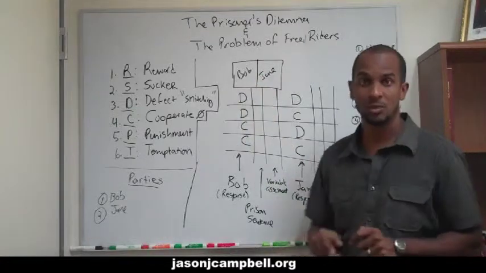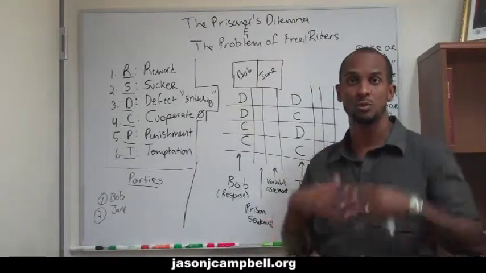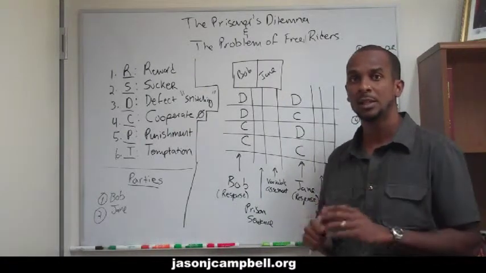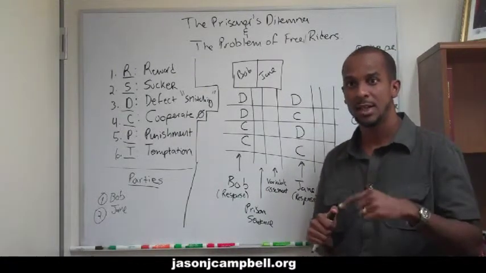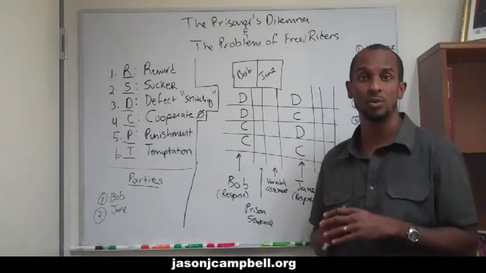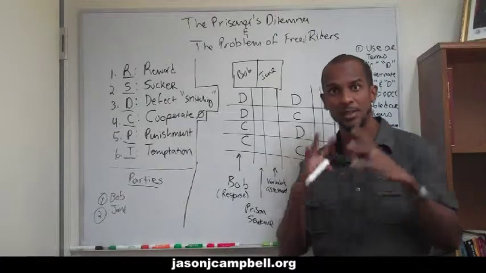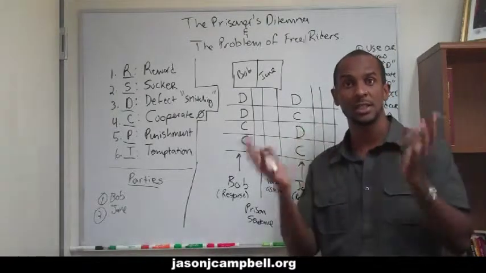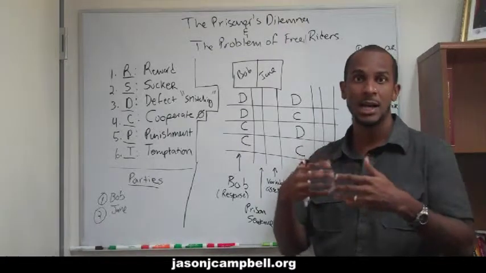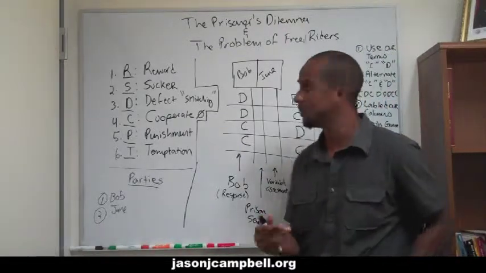Jane knows exactly the same. She knows that whatever's disclosed in this room is between me and you, right? If you snitch on Bob, if you tell me that Bob did it, then Bob's going to be punished, and I won't let Bob know that you told me this, right? So there's an air of confidentiality that's securing the game, allowing the participants to actually engage in playing the game.